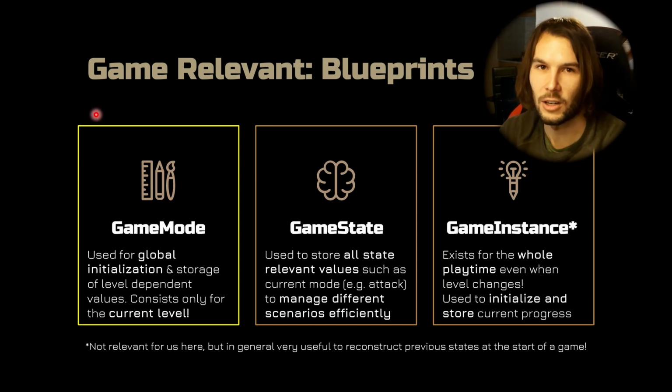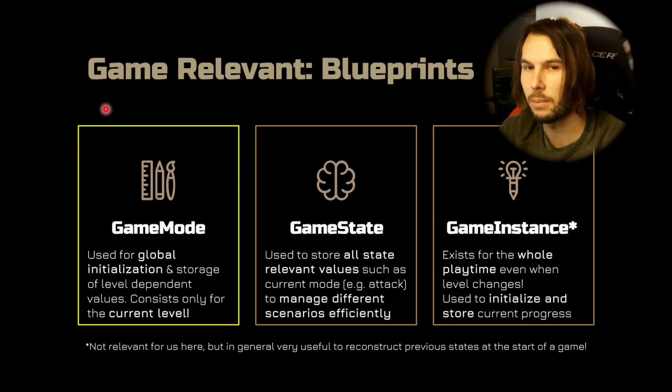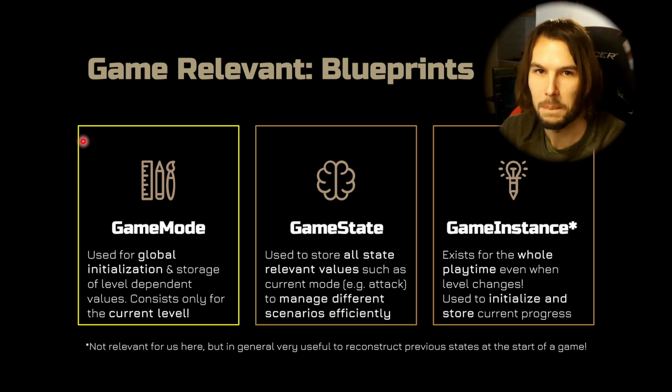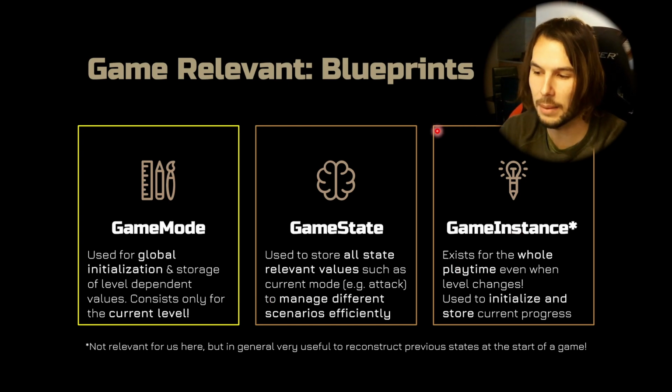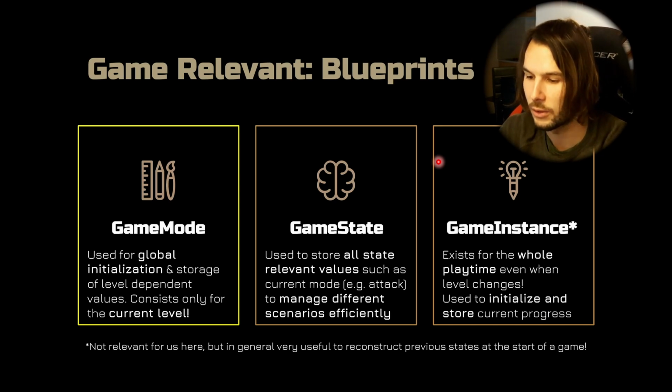So the game mode is created from scratch, but I can then use the values out of the game instance to actually load my previously saved values back into the game mode, so I have everything in that current level once more. You can also do that in the game instance, but that's what I usually do. I only use the level dependent stuff inside one level, save it to the game instance, and when I change the level, load it back into my next game mode.